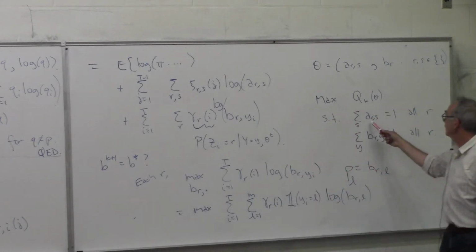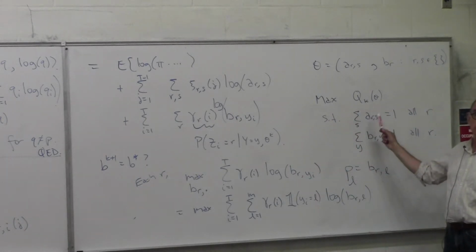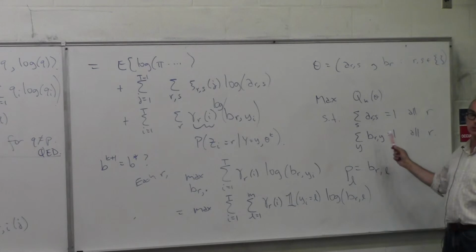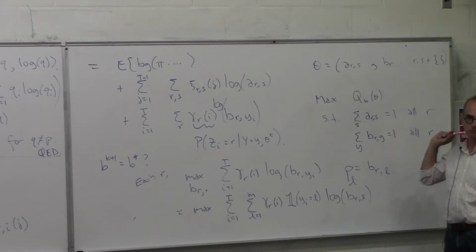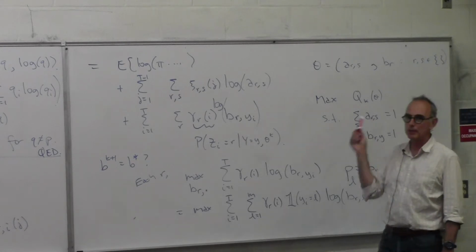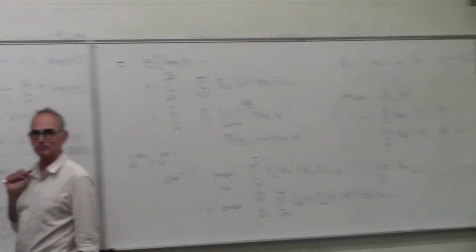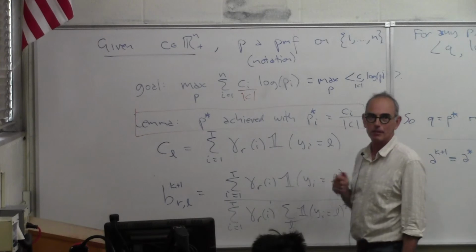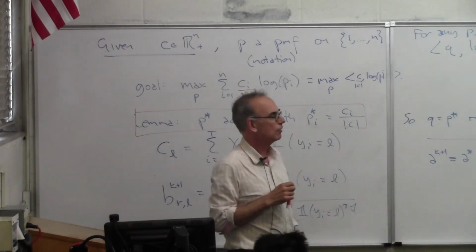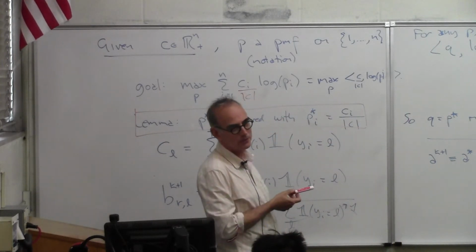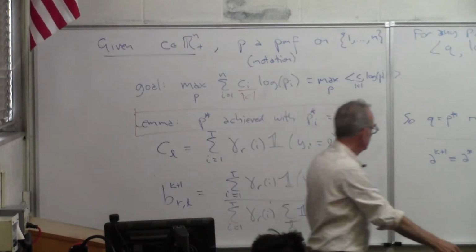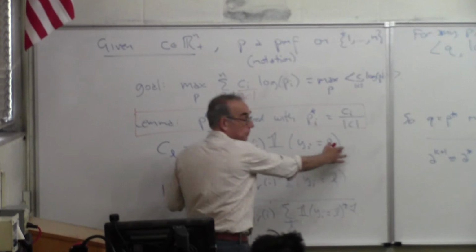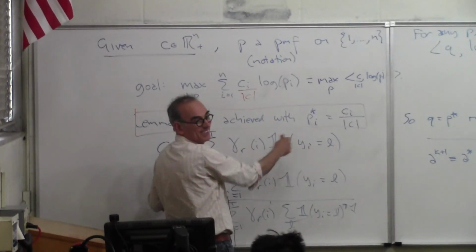For each R, I've got a coupling to this sum, and a coupling to this sum. So I have to solve an optimization problem for each R here and for each R here. But once you do that, the lemma just nails it. You're done. This beautiful lemma. It's just the notation is so ugly. That's all. Here you've got a pretty little CI, and then you've got CI is a horrible mess. That's all.